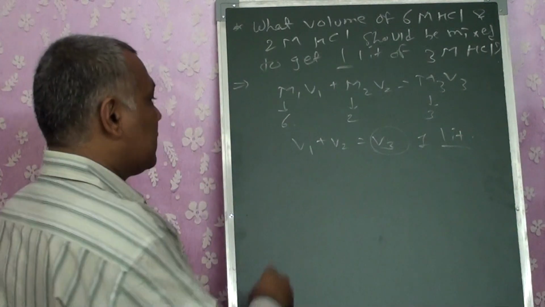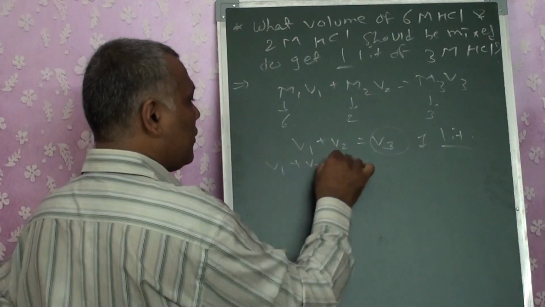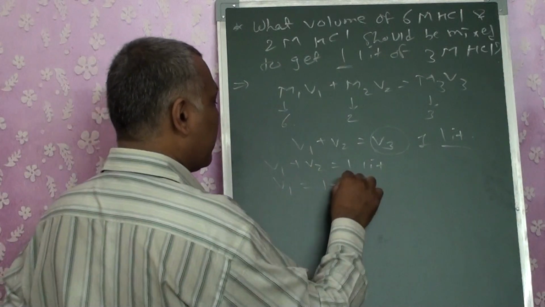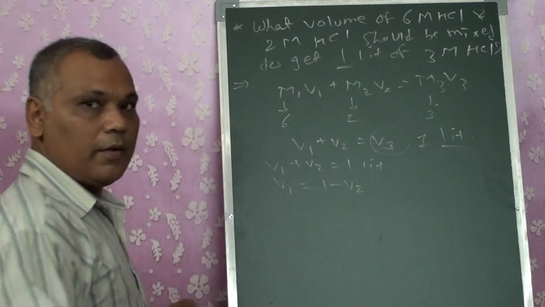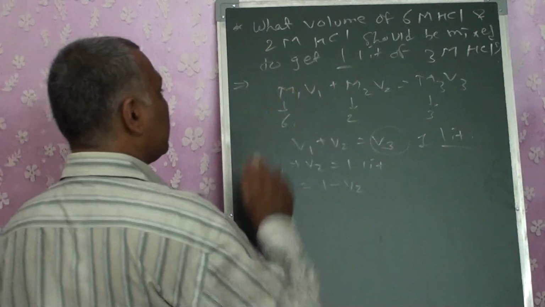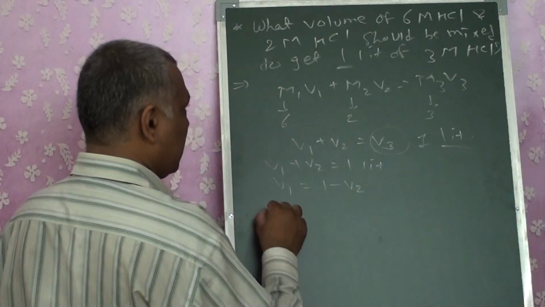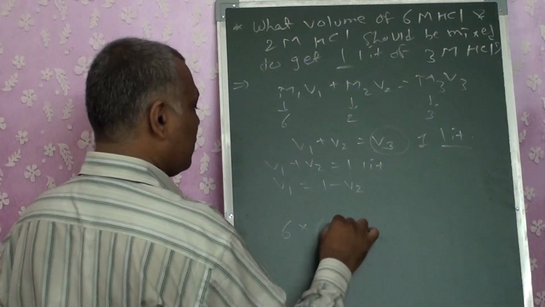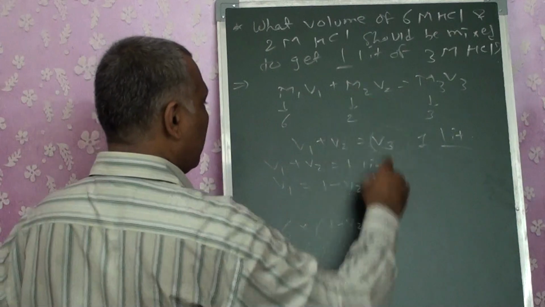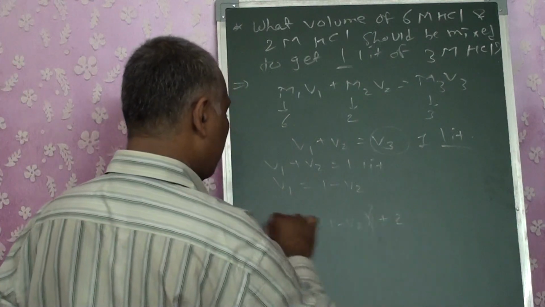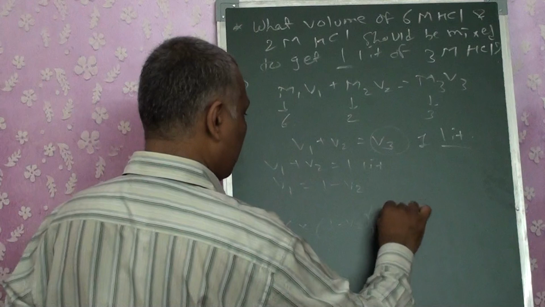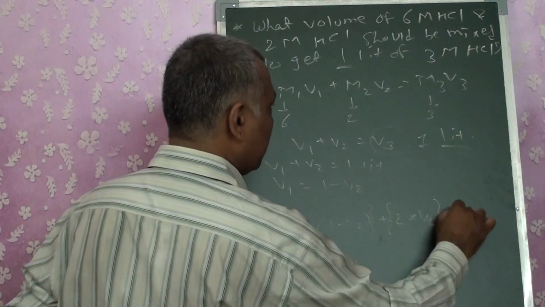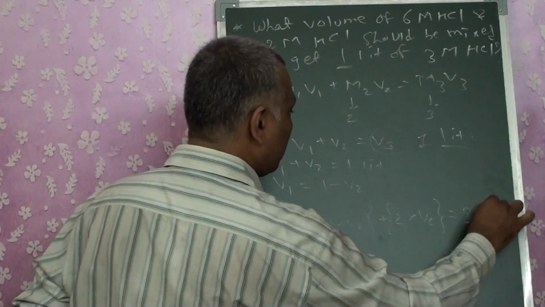So V1 plus V2 equals 1 liter. So can I write V1 equals 1 minus V2? Substitute it in the given sum. So we get M1 equals 6, V1 equals 1 minus V2, M2 is 2, V2 equals 3 into V3.